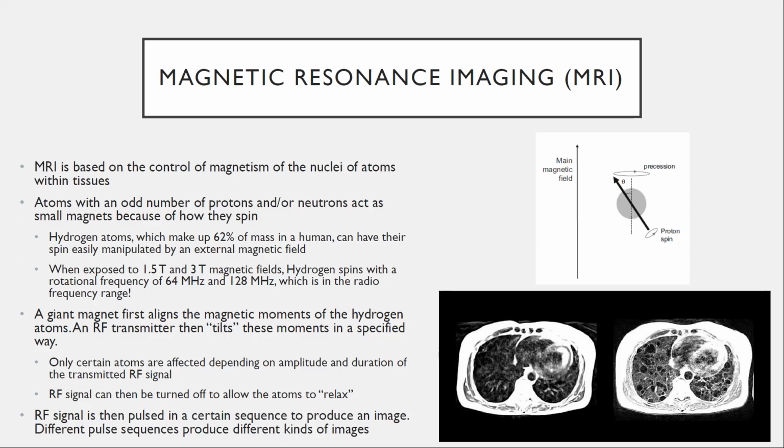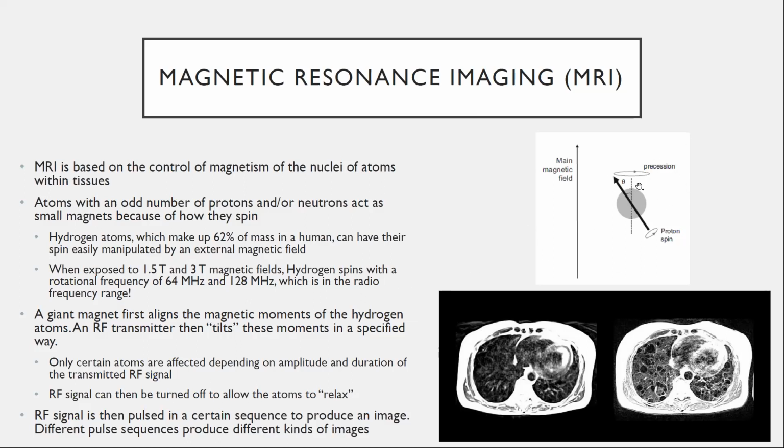What happens when you apply a magnetic field to these kinds of atoms is that it produces a spin. Okay, and then from the spin, you can actually manipulate it with an additional radio frequency.